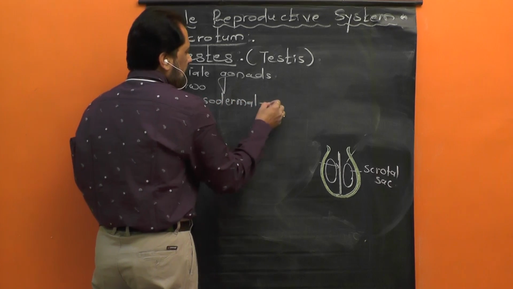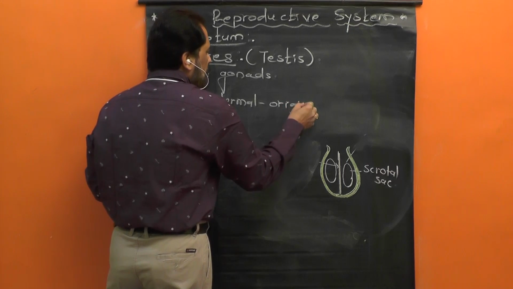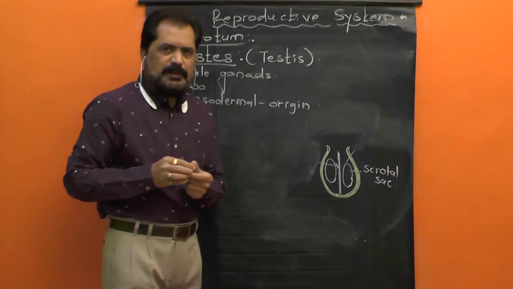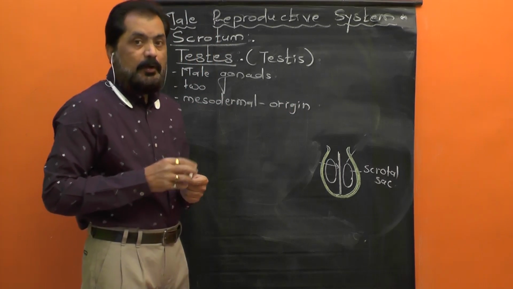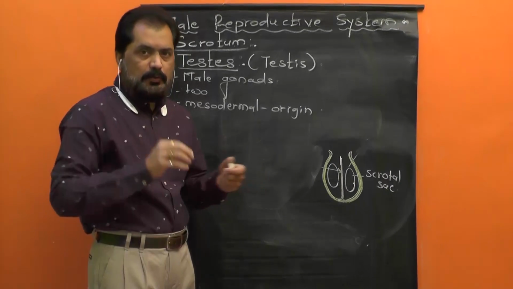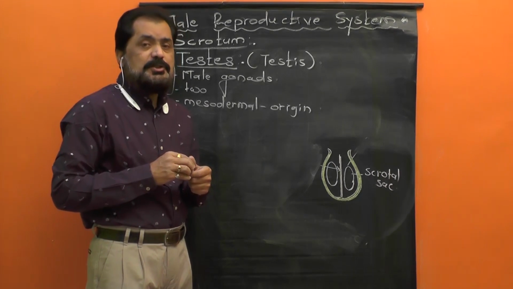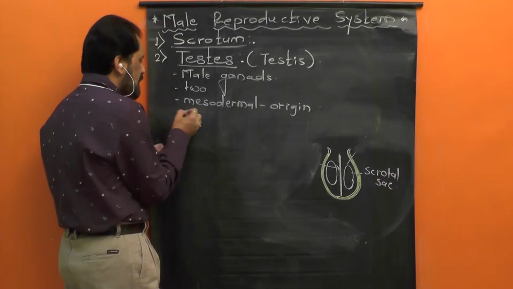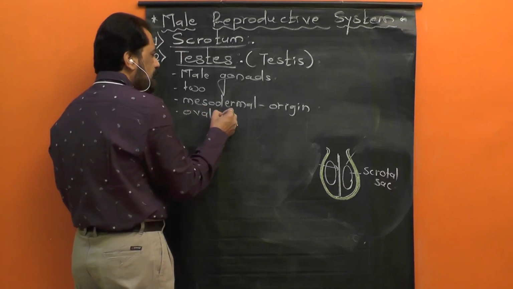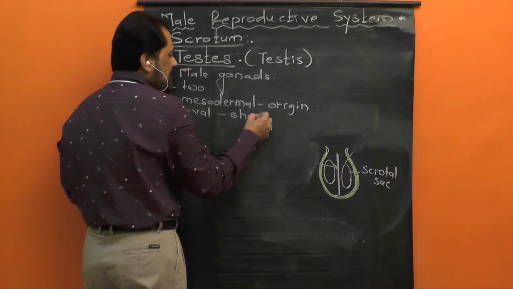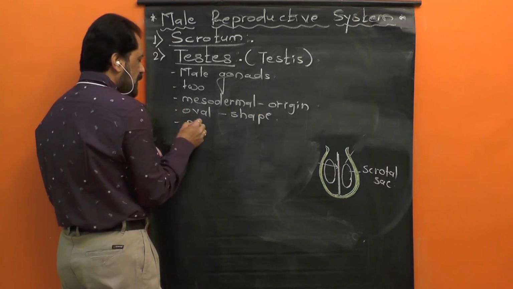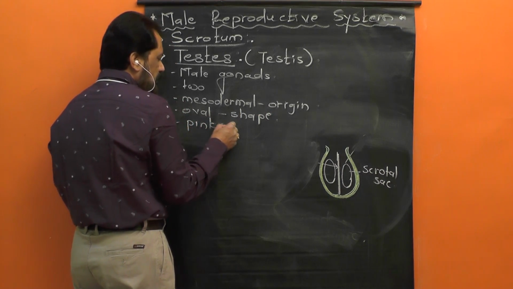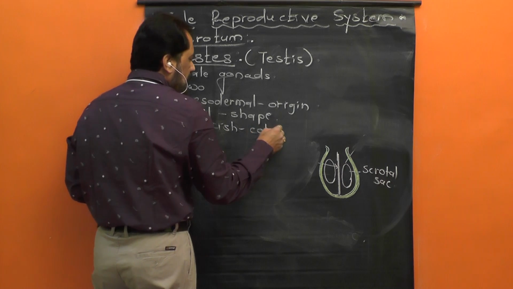The testes are mesodermal in origin. It means during embryonic growth, testes develop from mesoderm. All of you know, mesoderm is one of the germ layers. Testes are oval in shape, somewhat pinkish in color.